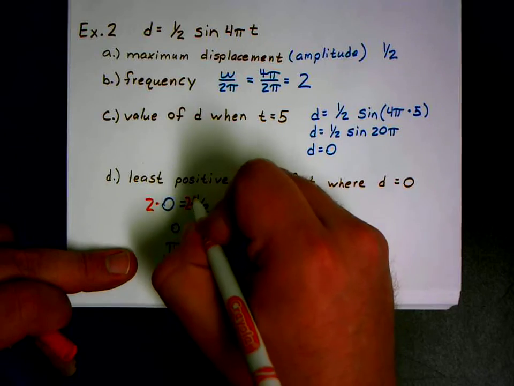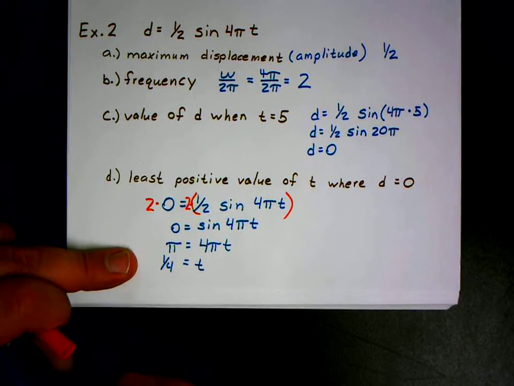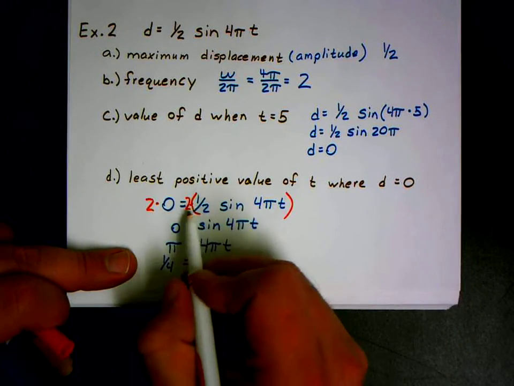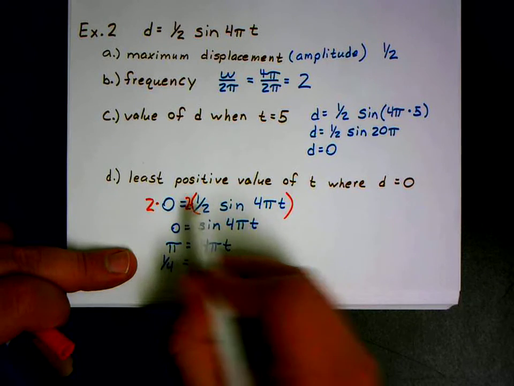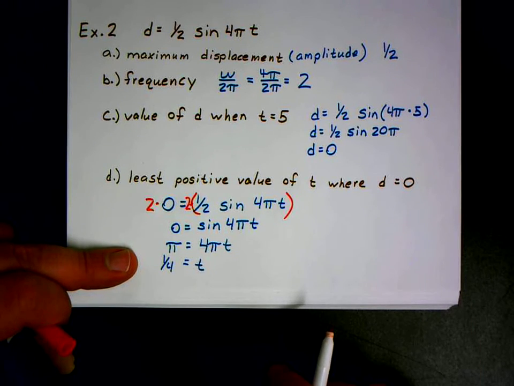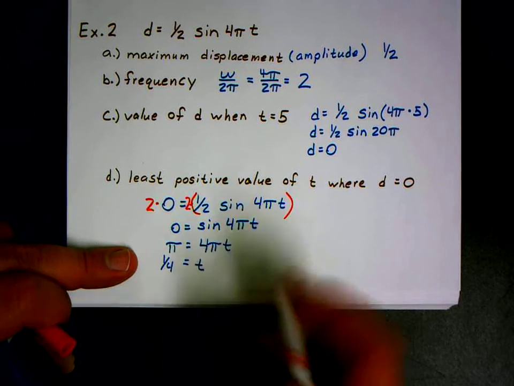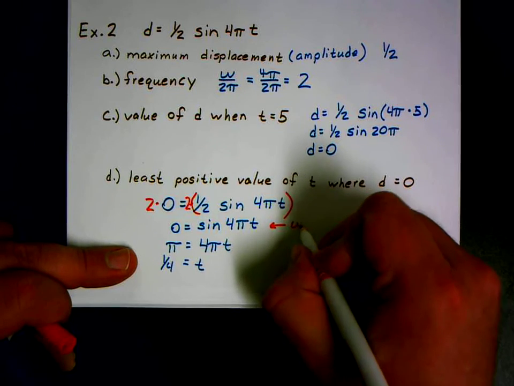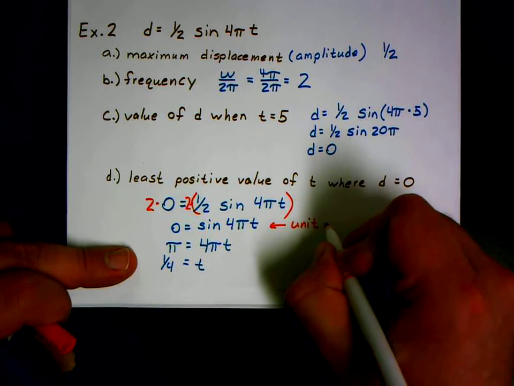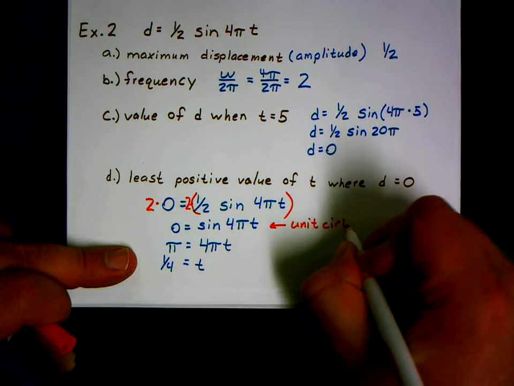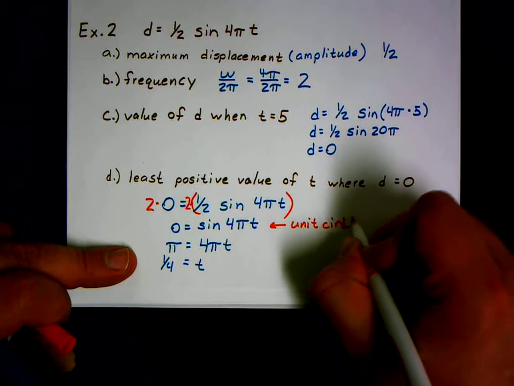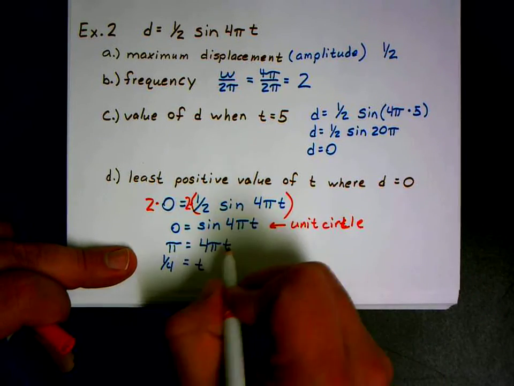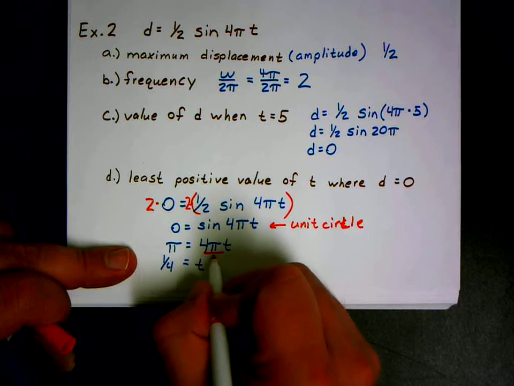Well, you're multiplying the whole thing, but you only multiply once, so this cancels out, so it's gone. Then to get rid of this sine here on this step, I use my unit circle. And then here what I'm doing is I divide both sides by 4 pi.